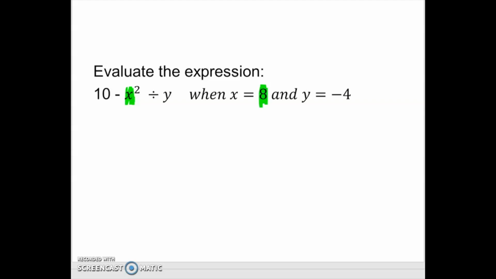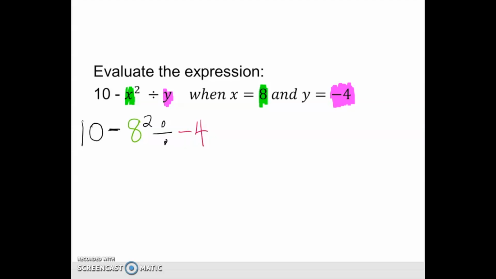You need to be really careful when you do this that you don't drop any of the symbols. So I have 10 minus, then I'm going to plug in 8 to the second power divided by, and now I'm going to replace y with negative 4. I want to plug in a negative 4 in place of y. Be really careful.